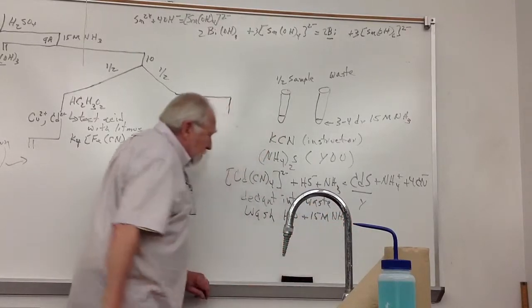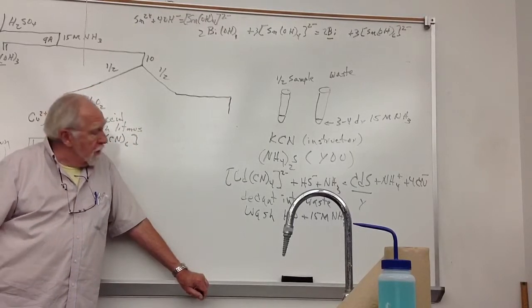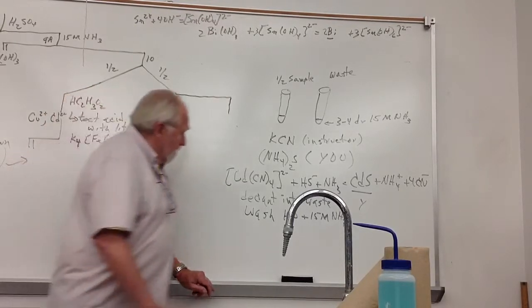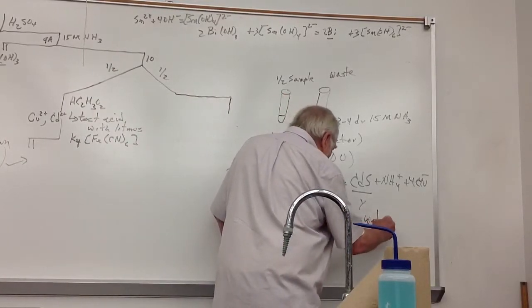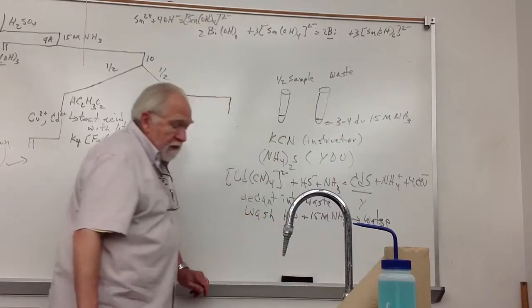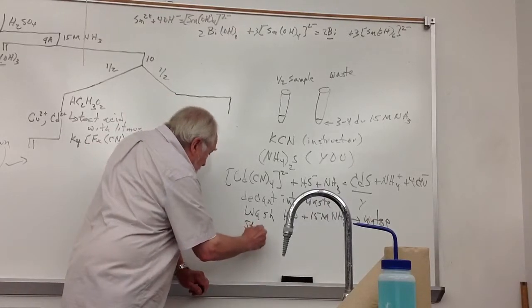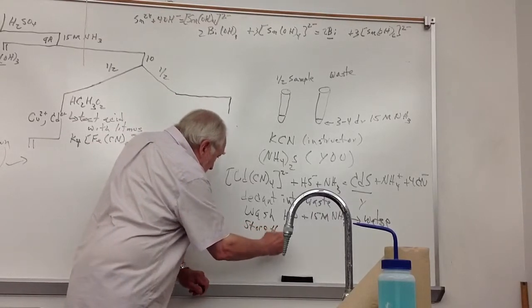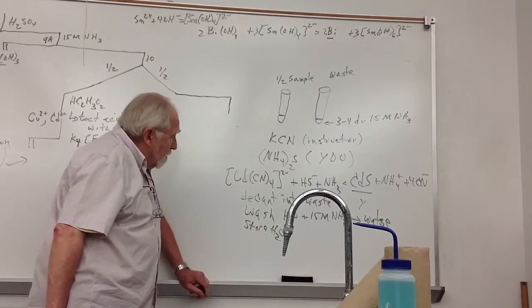About 2 or 3 drops of the 15 molar ammonia, 4 or 5 drops of water. That goes into the waste. Centrifuge, decant into the waste. And you want to store with water, it probably has enough excess ammonia because by now we've gotten rid of all the cyanides. That's your confirmatory test for cadmium.